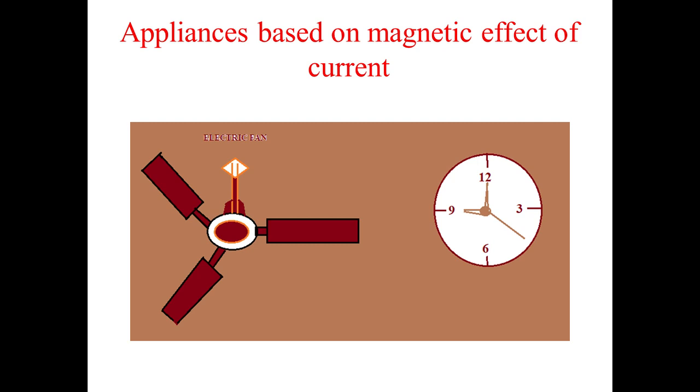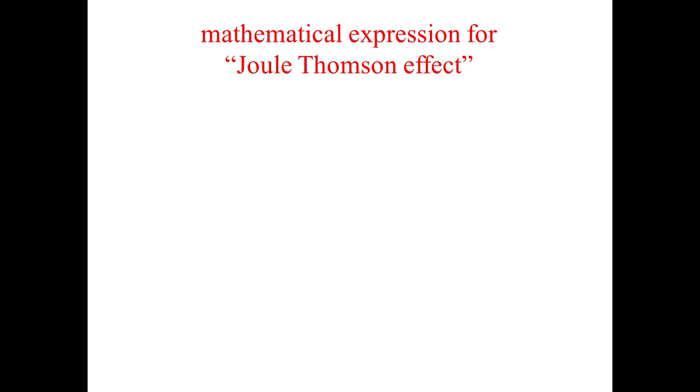Okay, let me explain in detail the heating effect of current, the mathematical part of this, the Joule-Thomson effect. As the scientists observed, the name of the scientist is Thomson, Joule-Thomson. So basically, as current passes through the metallic wire, it heats up.